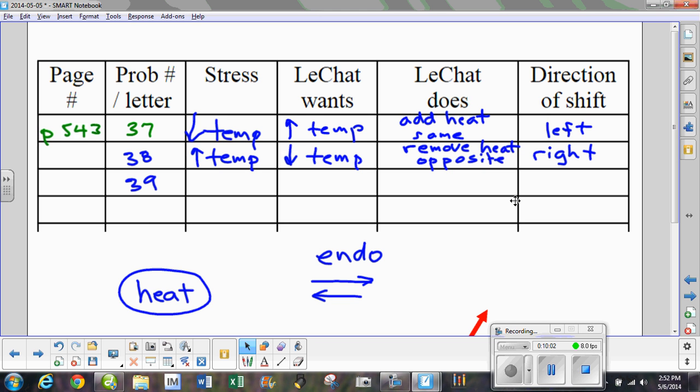And this is the Zumdahl text, not the CMC that you have at home. This is exothermic. It says it's exothermic. Okay? So that's nice. So we have an exo. Now, Todovik, do we leave the heat on the left? This guy's exo. Which side should the heat be on?